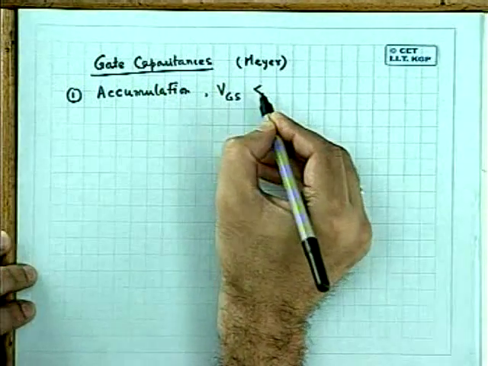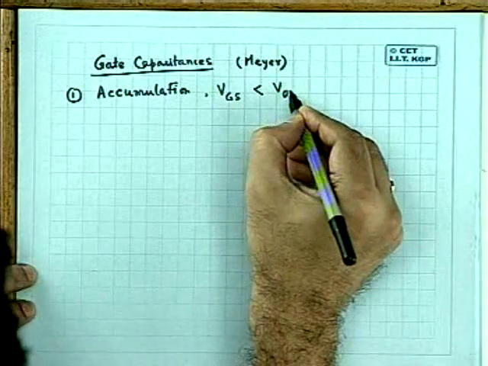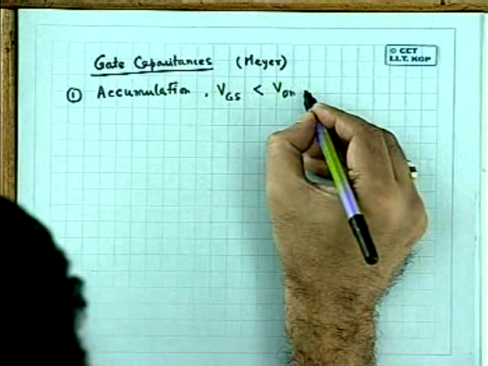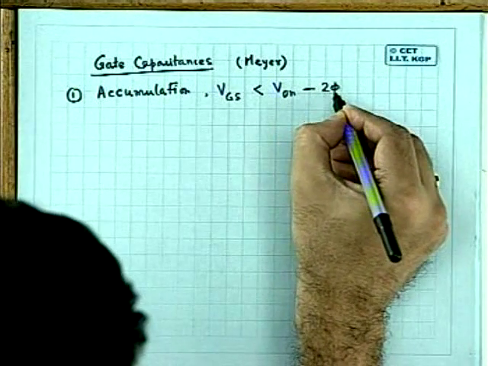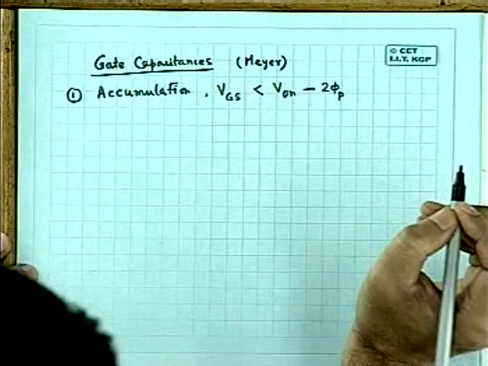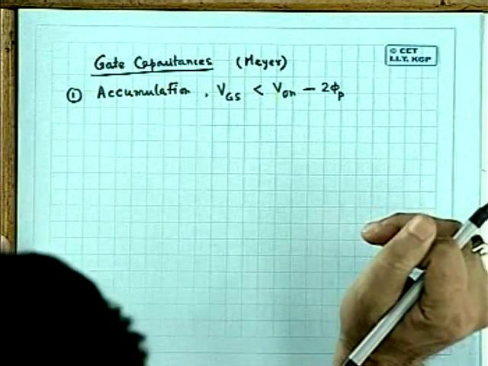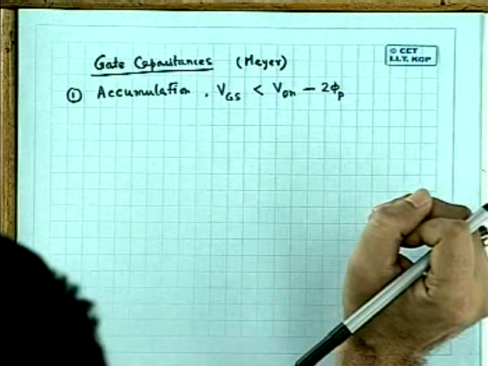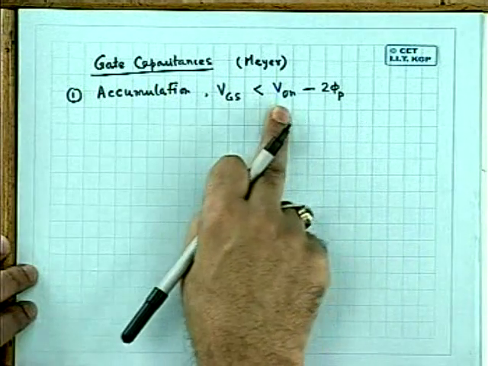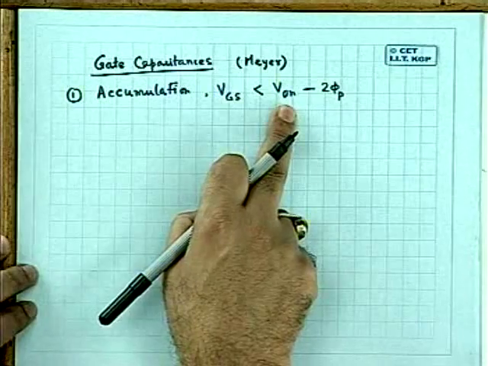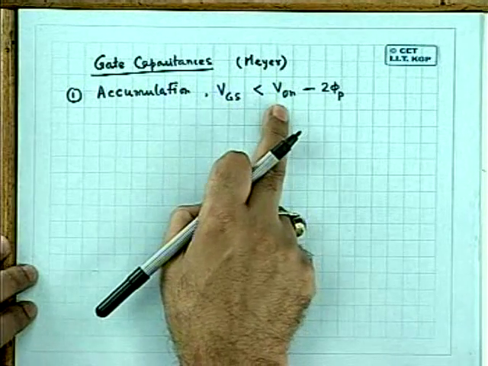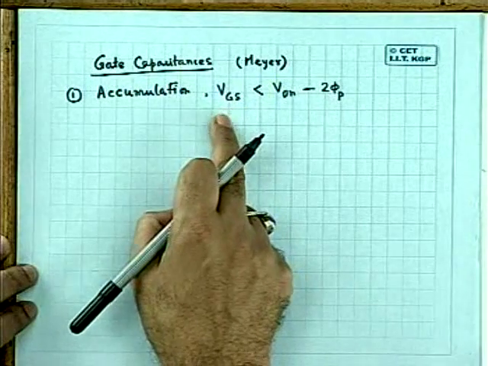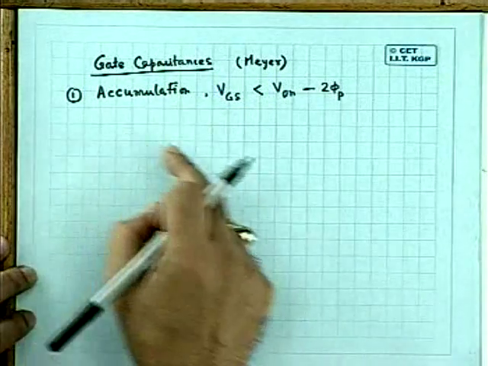VGS is less than V on. It could be VTH also, but V1 is more precise. VGS is less than V1 or VTH minus 2 phi P. That is my condition for accumulation.